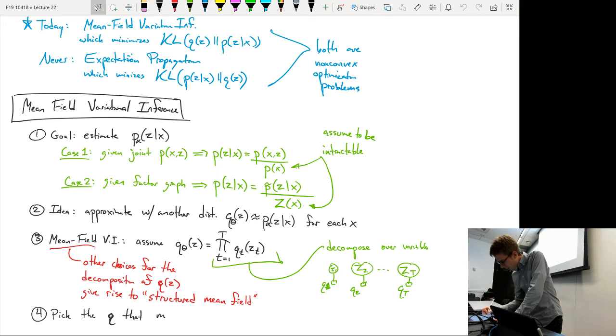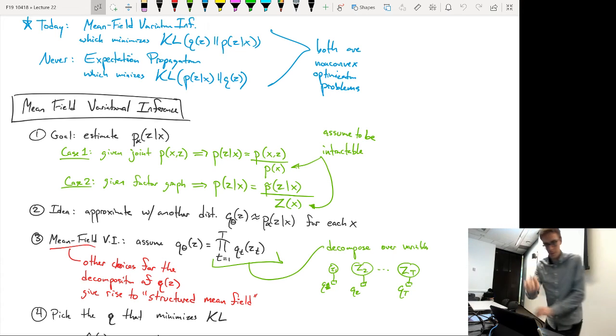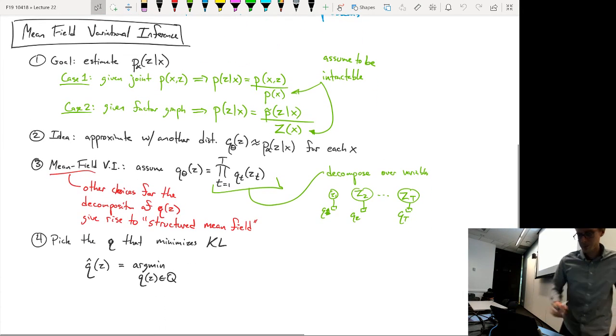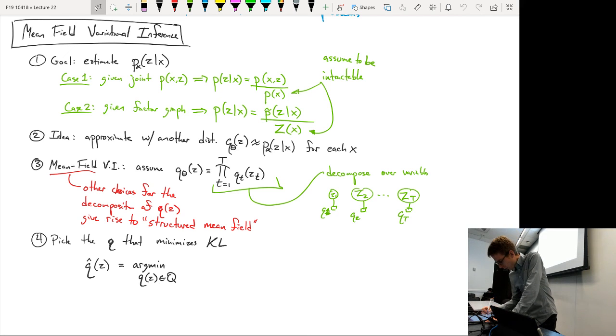Okay, so we're going to pick the Q that minimizes KL. And we can write that one of two ways. One is that we want some Q hat of z, which is the arg min over distributions Q of z in some family Q, where we pick the one that minimizes KL of Q of z and P of z given x.